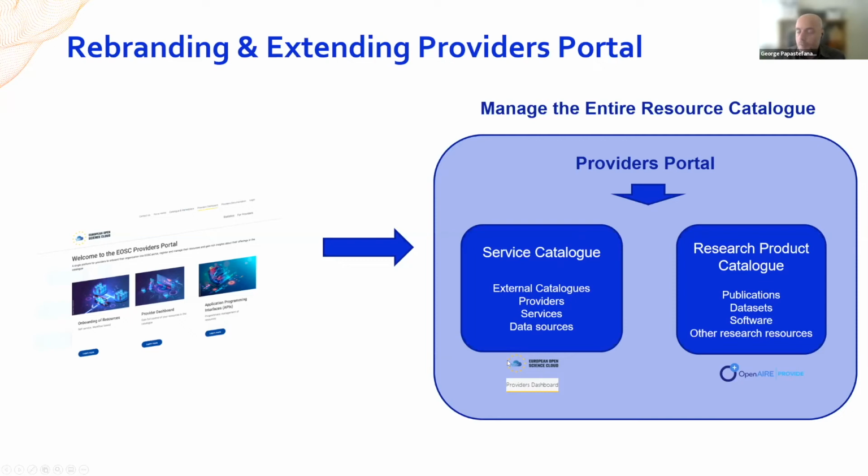The service catalog will be based on the current provider's dashboard, and OpenAIRE Provide will serve as the basis for the providers portal for the research product catalog. So this essentially closes my presentation.